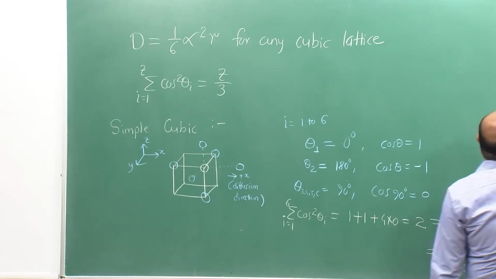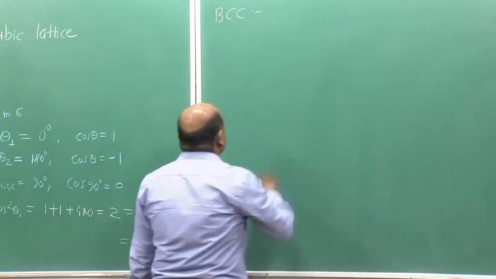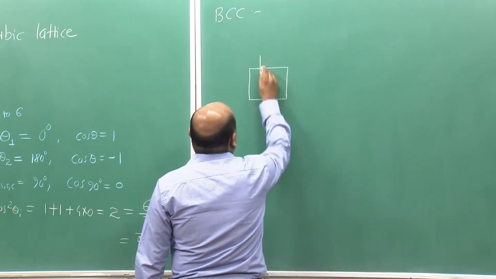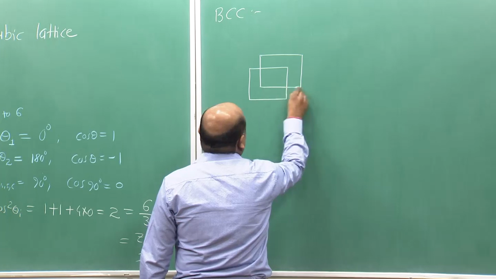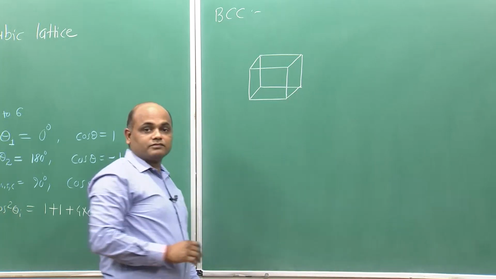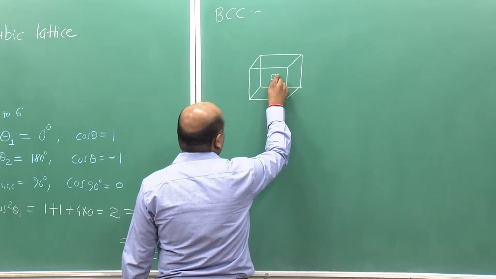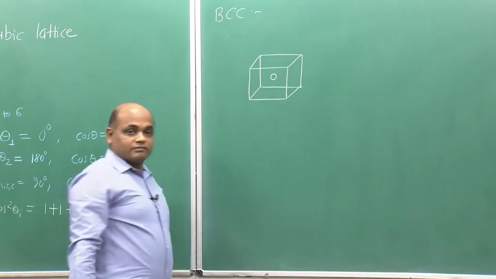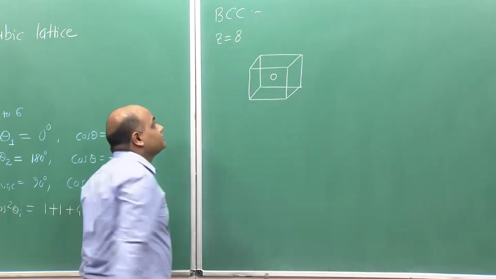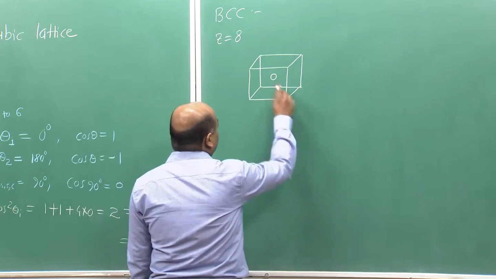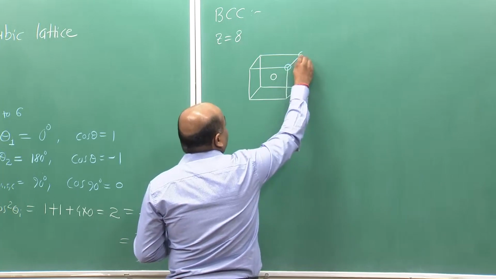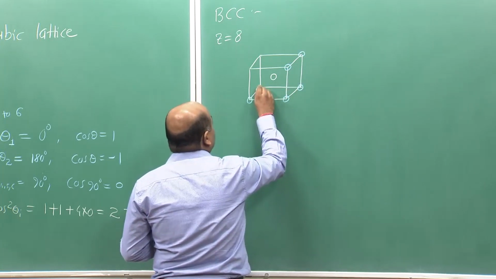Let us consider next BCC. If we draw the unit cell of BCC, and consider the body centered atom, the coordination number for BCC is 8, which means there are 8 nearest neighbors. For the body center, all nearest neighbors are located on the corner sides.